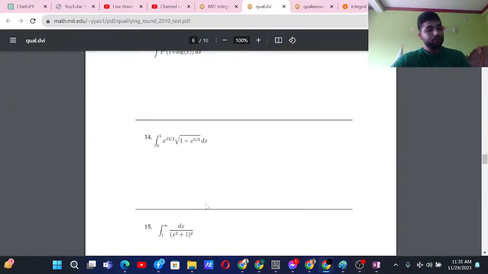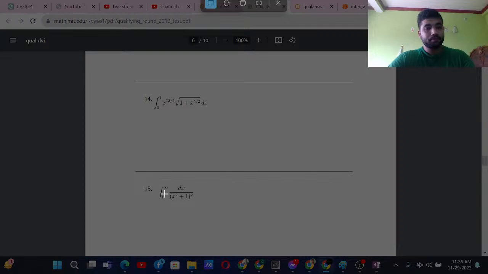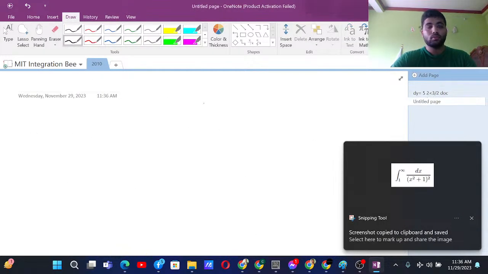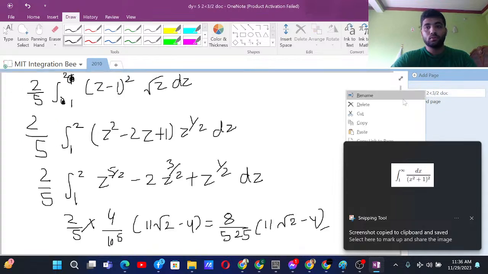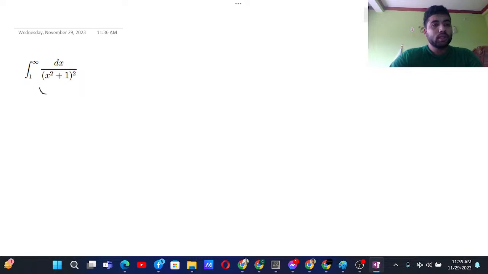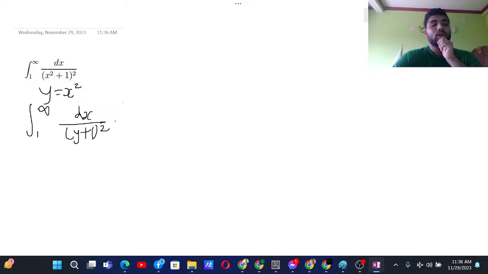So next problem. Next problem is integral from 1 to infinity, 1 by root under x to the power 4 minus 1. Okay, so for this problem, you can basically let y equal x square first. Yeah, and then we get integral from 1 to infinity dx by y plus 1 square, and then we had y to the power 1 by 2 equals x.